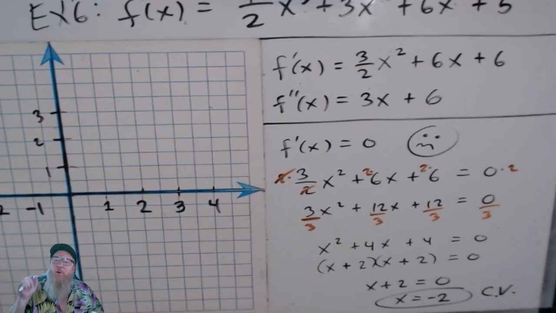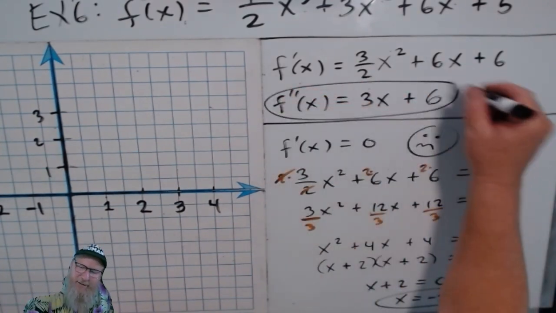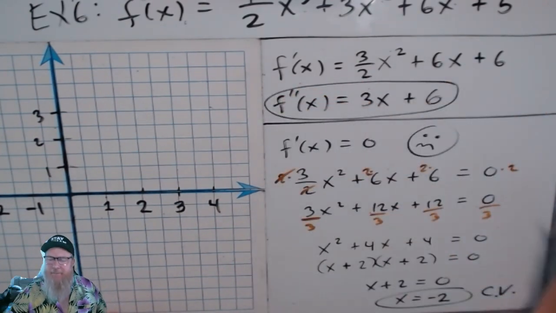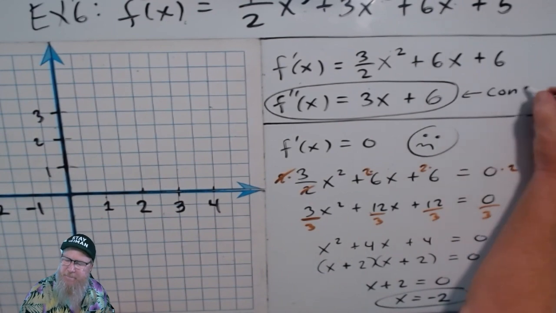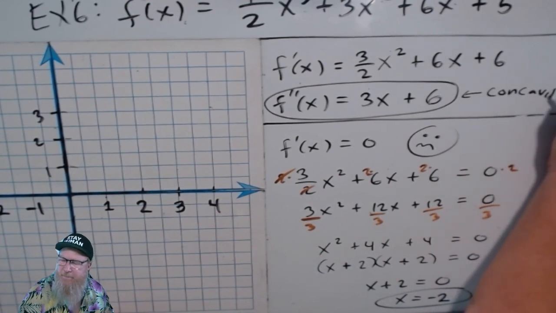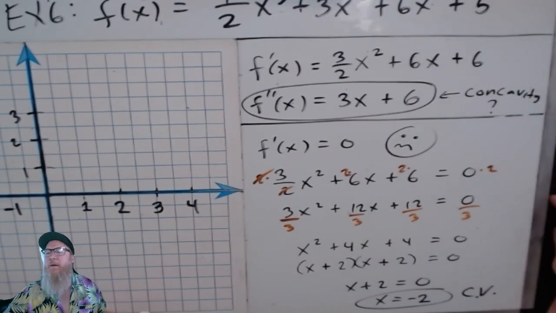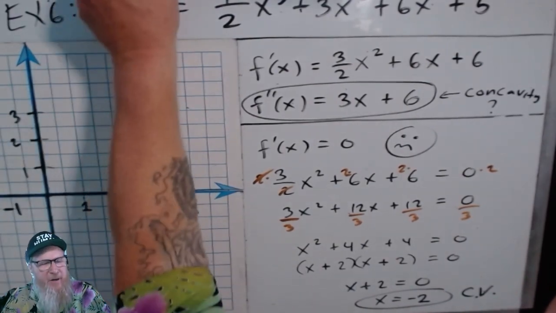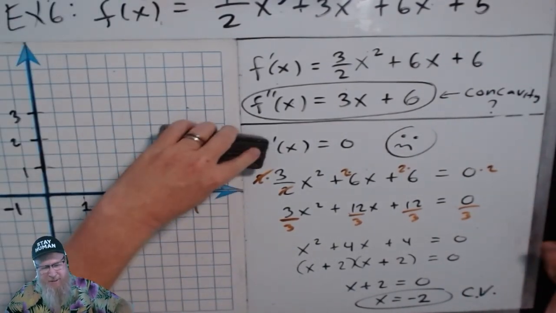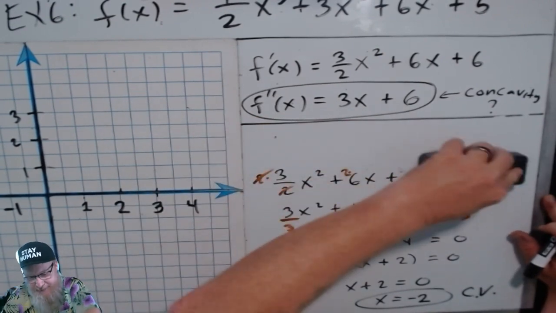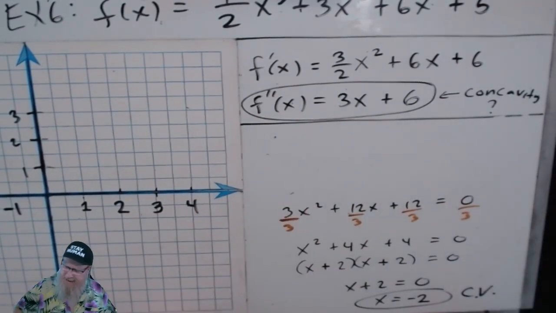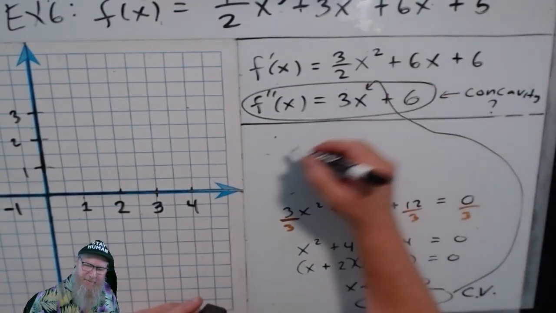Now, I don't know whether it's concave up or whether it's concave down because I have to look at the second derivative for concavity. The second derivative tells me the concavity. So let's plug -2 into here.